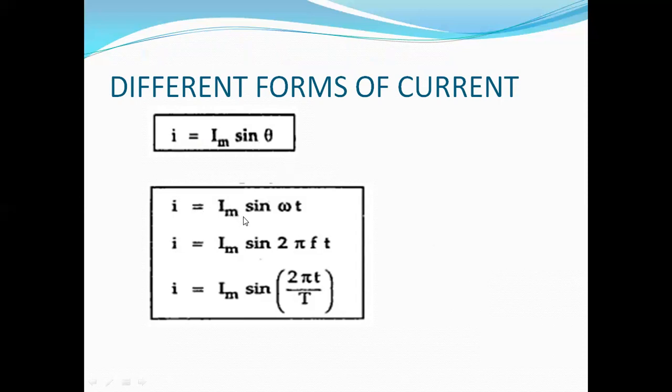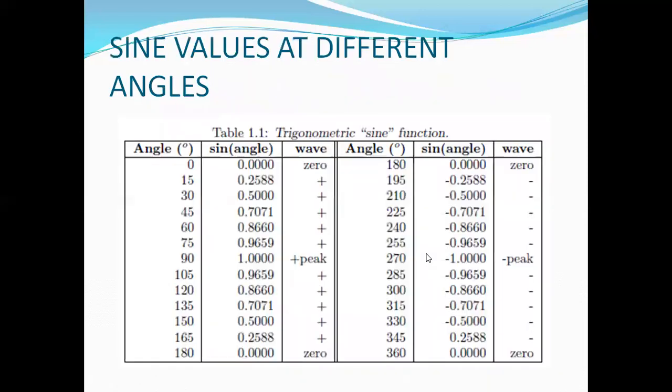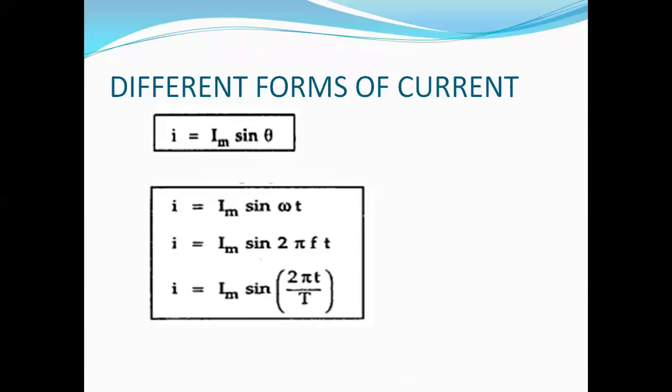So i is equal to Im sine omega t, omega is equal to 2 pi f, hence i is equal to Im sine 2 pi f t. This can also be represented, with f equal to 1 upon T, as i is equal to Im sine 2 pi t upon T. So in this way, the equations can be represented in different ways, either voltage or current.